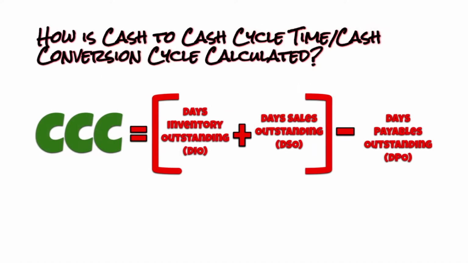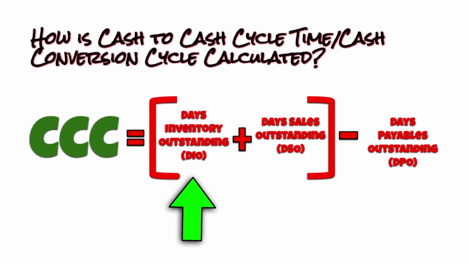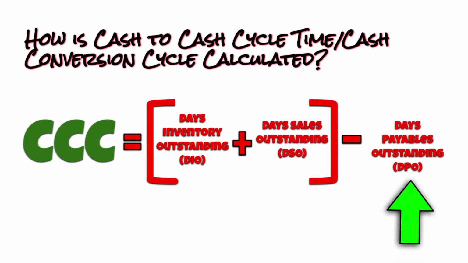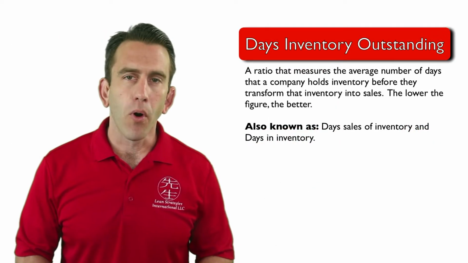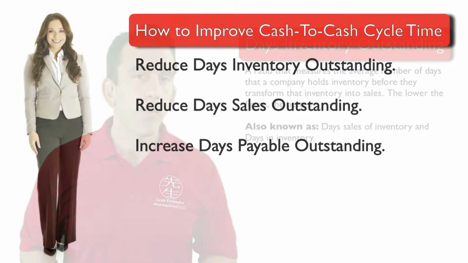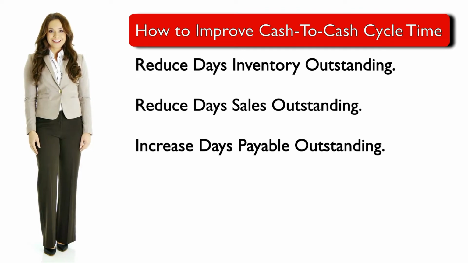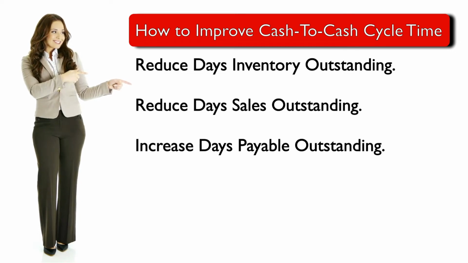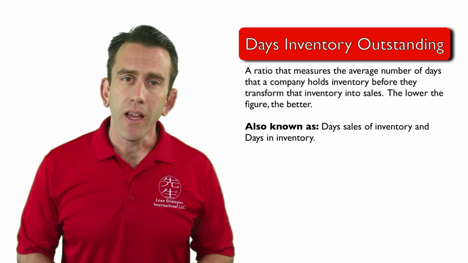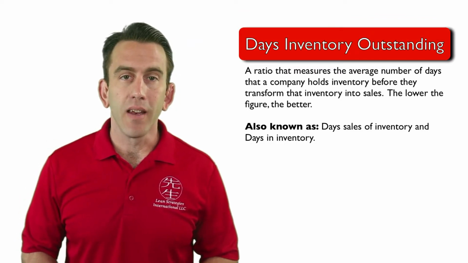They are Days Inventory Outstanding, Days Payable Outstanding, and Days Sales Outstanding. Why is this important? Well, it tells us that the cash-to-cash cycle time can be improved by reducing DIO, reducing DSO, or increasing DPO.